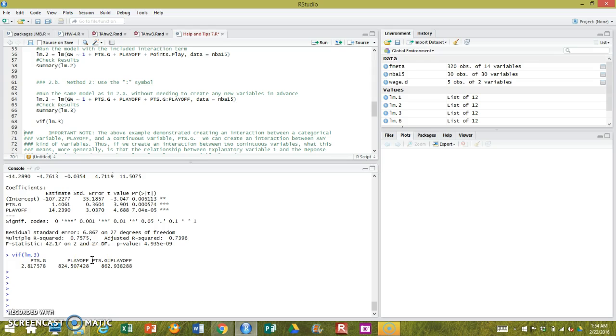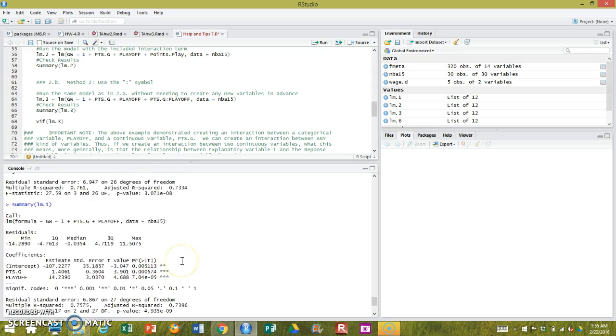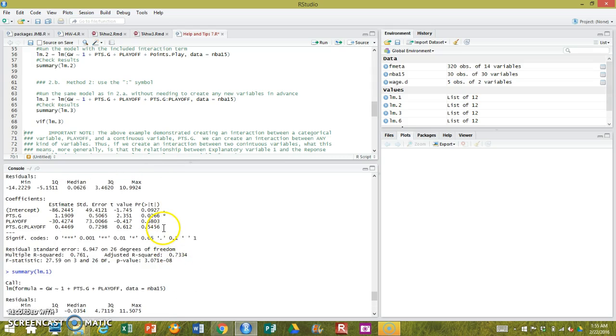So this is part of the reason why we don't see statistical significance. The other reason why we may not see statistical significance is that it's just not a useful term for us. But in any event, there's really nothing more we can do here.